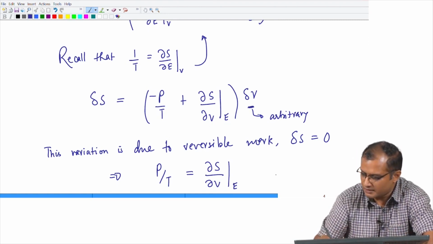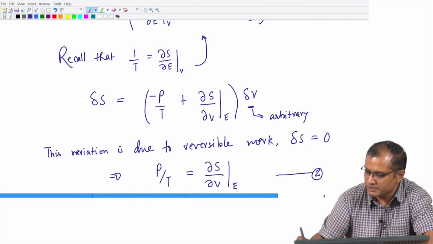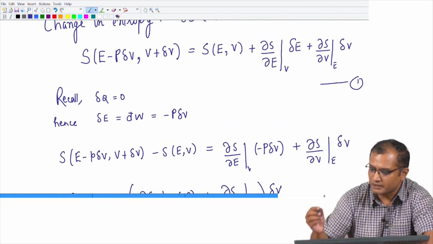So, now you can compare equation 2 and equation 1 and rewrite equation 1.